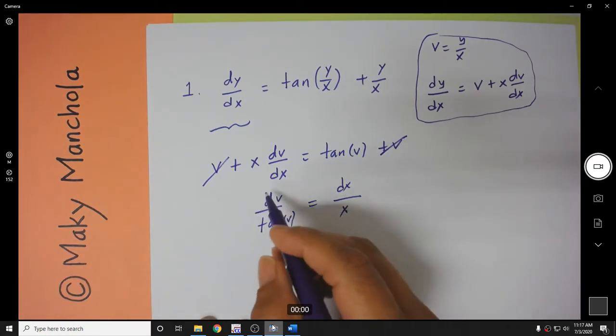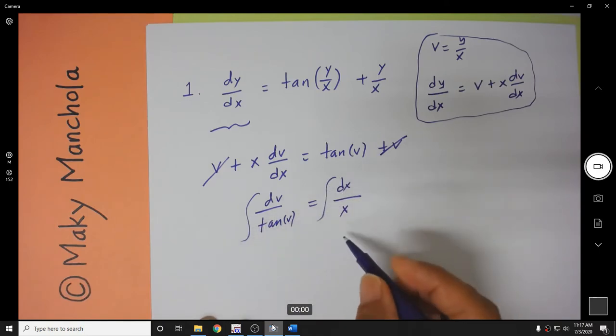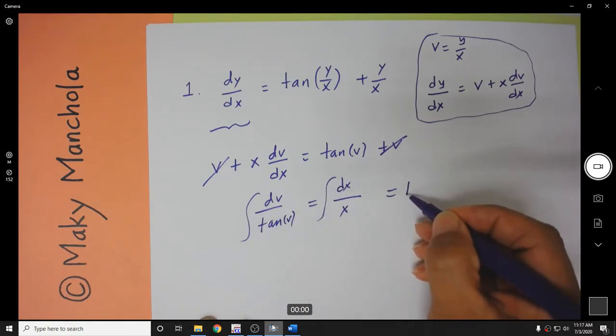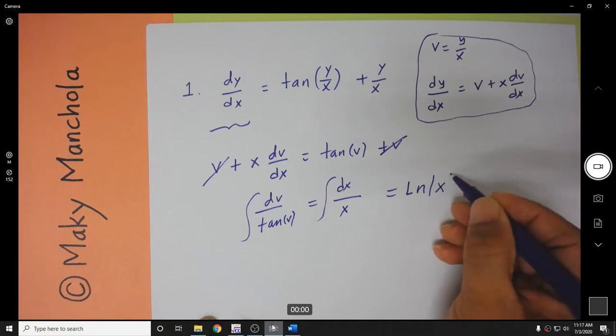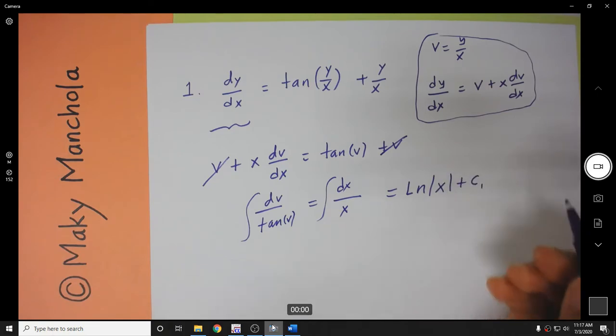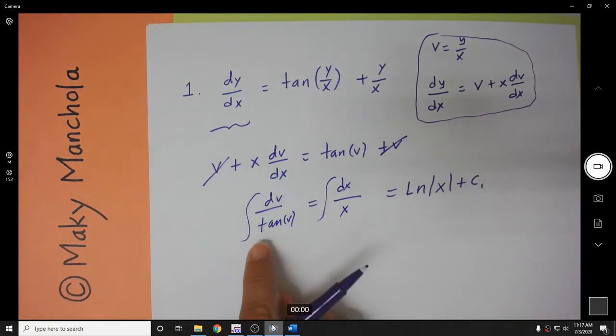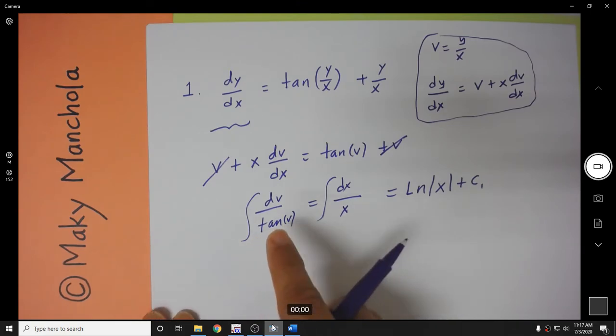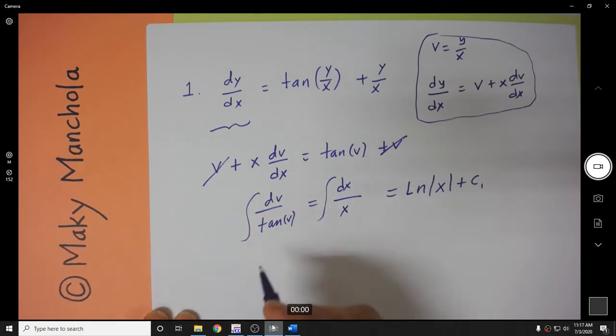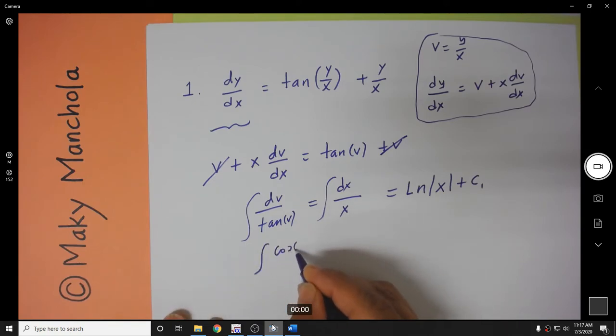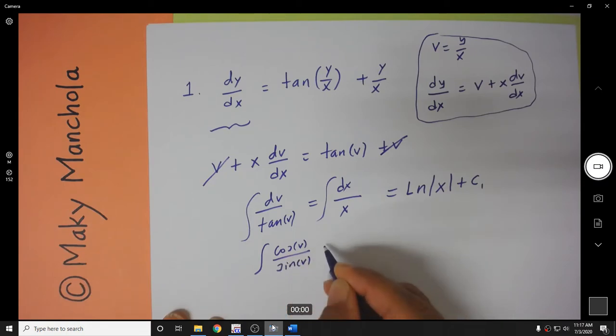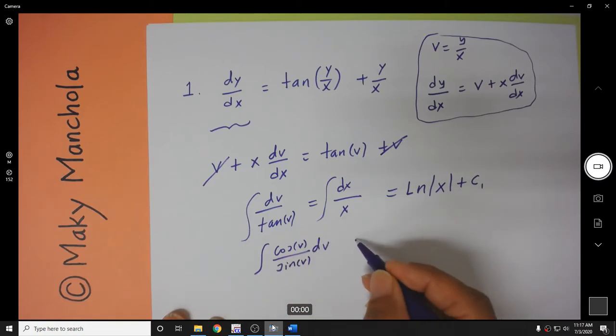Now we integrate both sides. On the right side, we get the natural logarithm absolute value of x plus some constant. I'm going to call it c1. On the left side, if we rewrite 1 over tangent of v as cosine of v over sine of v, we end up with a rather simple integral.